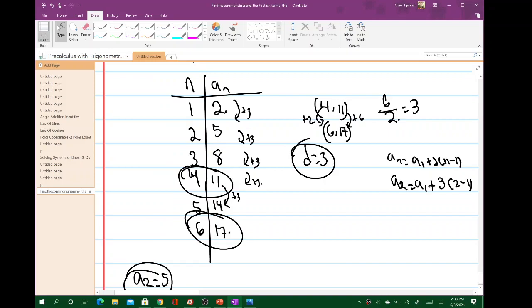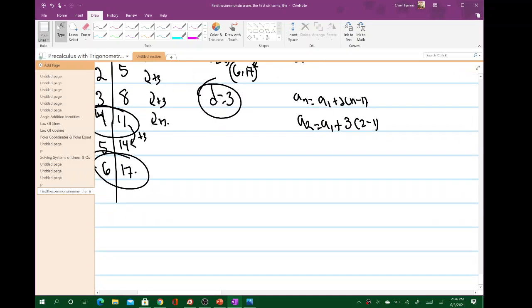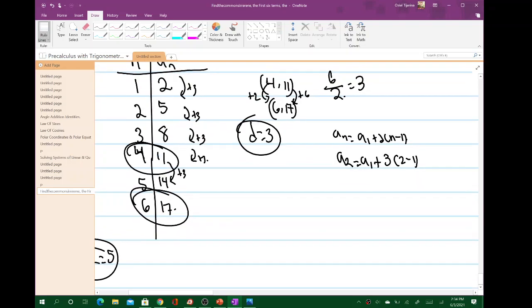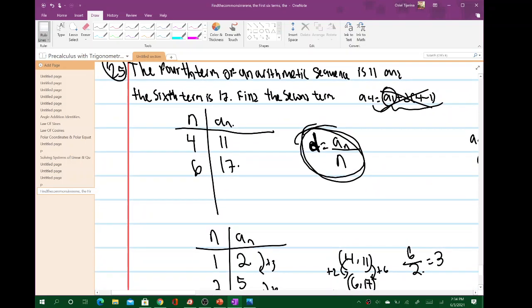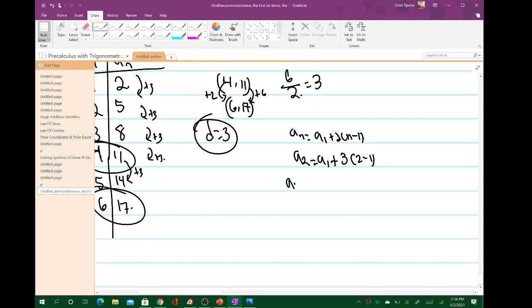But again, you don't know what a sub 1 is. But you can find it, right? Instead of solving for a sub 2, you can say a sub 4 equals a sub 1 plus 3 times 4 minus 1. And you can solve for a sub 1 that way.